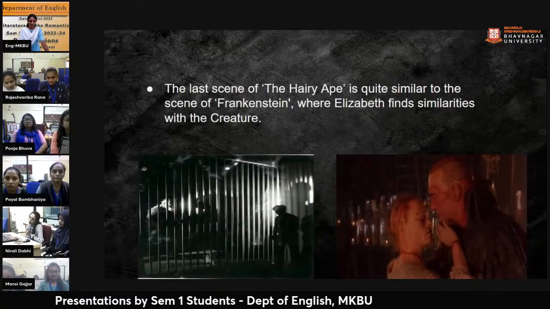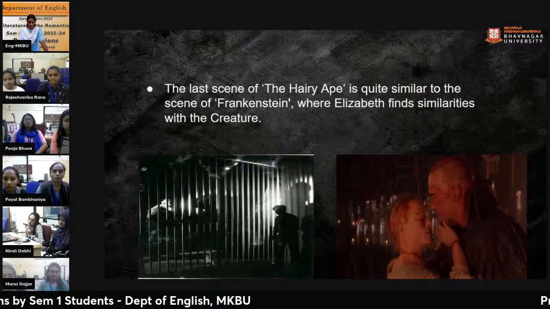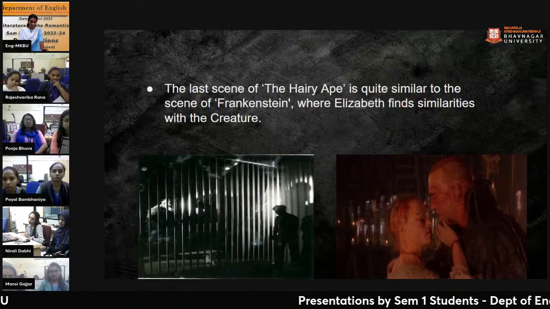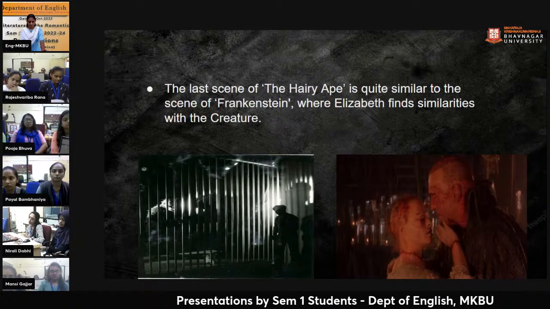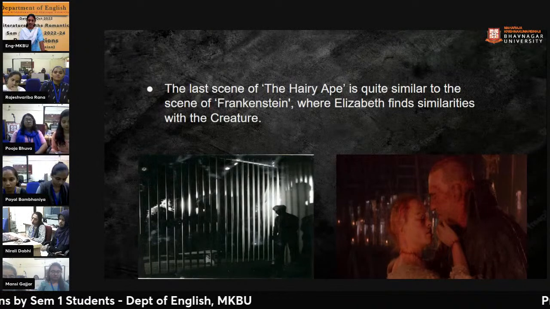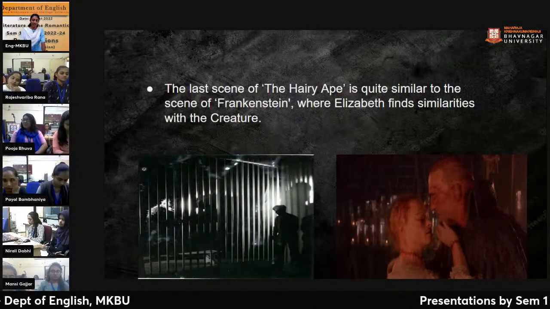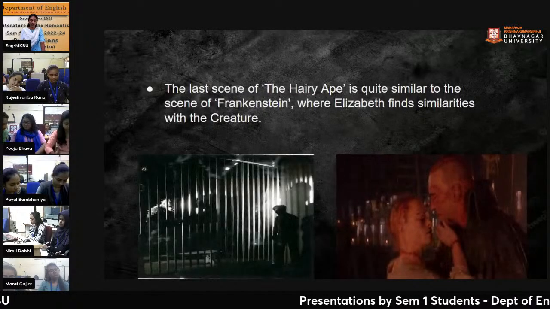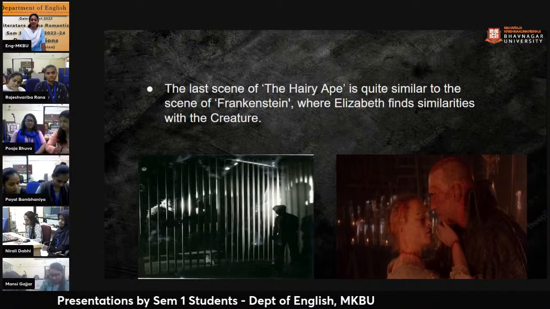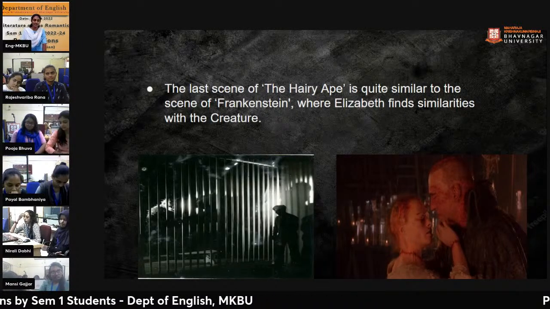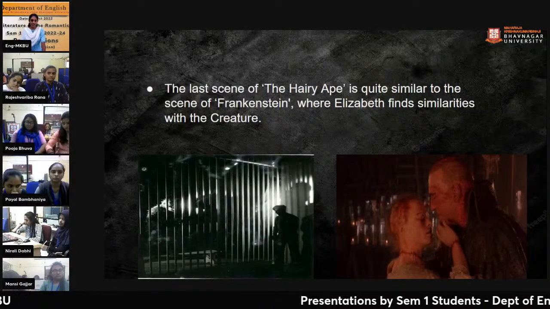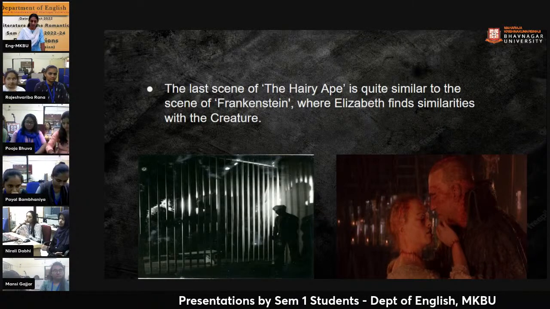I have compared two scenes from both works. The last scene of the play, where Yank goes to the zoo in front of the gorilla, and in Frankenstein, when Elizabeth dies and Victor brings her back to life, and after being given another life, she finds similarities with the monster, not with Victor, though he was her husband.